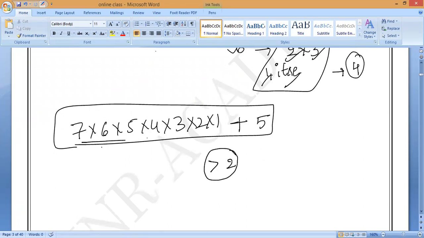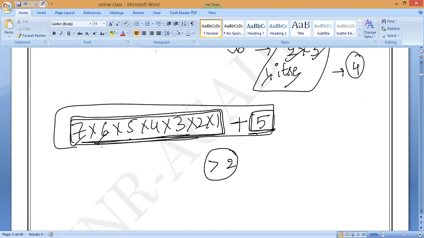So, see these two numbers. This is one number, and 5 is one number. In the two numbers, which is common? 7 into 6 into 5, and here one more 5. In these two numbers, which is common? 5, ma'am. 5 is the common.